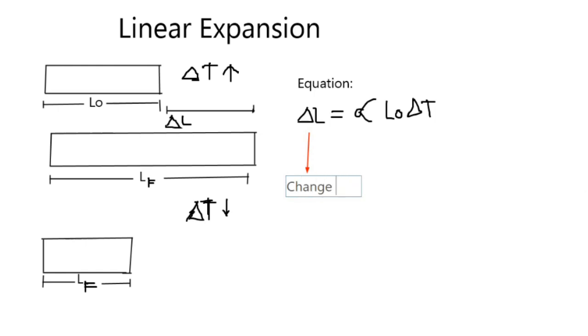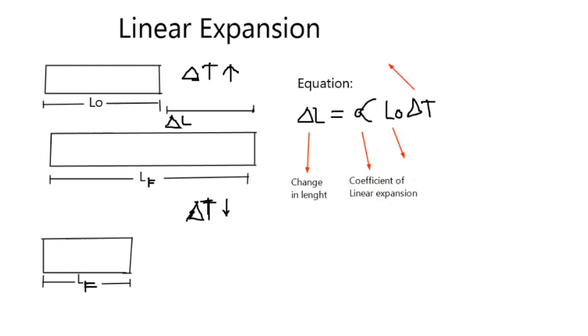As you can see in the illustration, the left side is basically the change in length. This symbol is alpha, a Greek alphabet symbol, and this is the linear coefficient. It's a constant, actually.